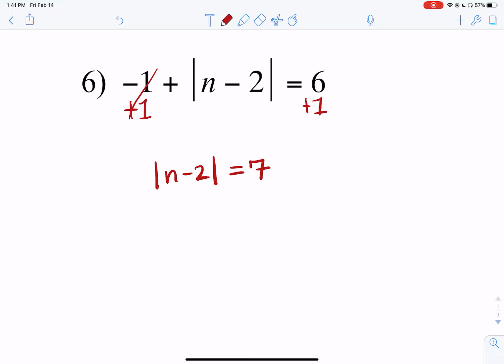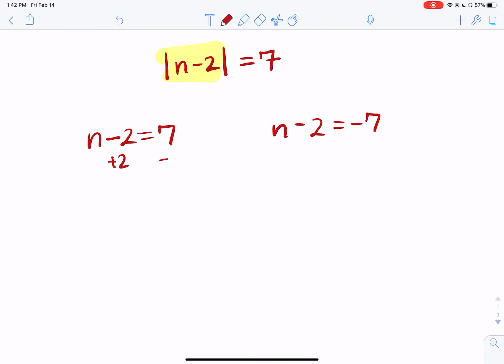So the way we solve this from here, now that the absolute value is isolated, by itself, this is when we create the two cases. The first case would be that n minus 2 is equal to positive 7, and the second case would be that n minus 2 is going to equal negative 7.